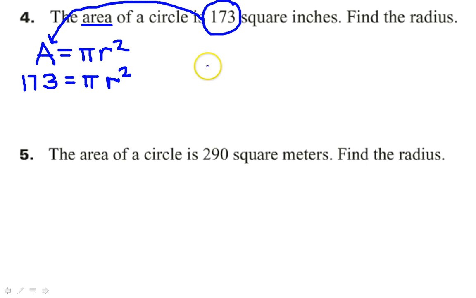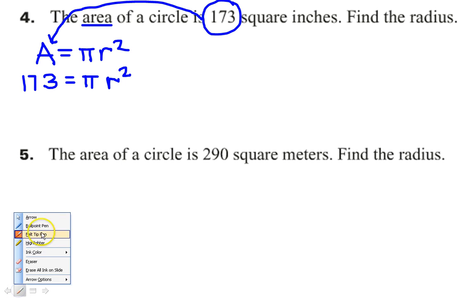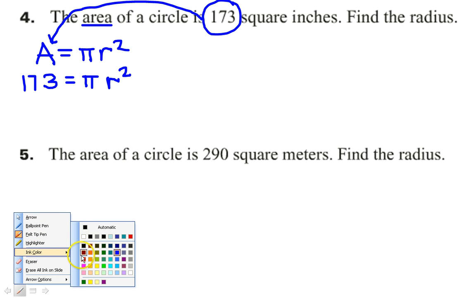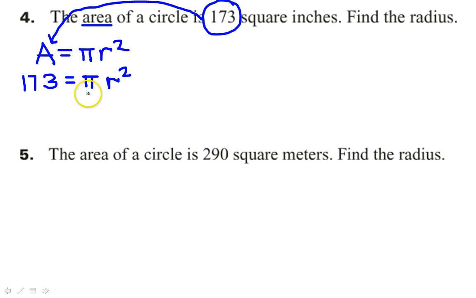Okay, now we're looking for the radius, so we definitely need to get r by itself. Am I going to divide first, or will I take the square root first? Okay, you guys are not fooled. You guys understand that we need to divide first. Always take the square root last. So we're going to divide by pi on both sides. Now, if I were you, I would not make a decimal yet.